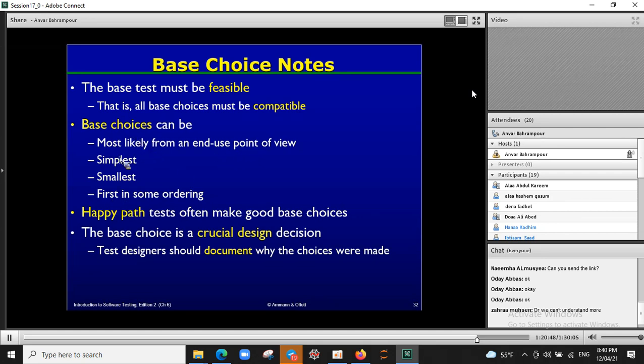So base choices could be selected by consulting with our end users. Another notion is that we use the simplest combination as base choice, or smallest combinations, smallest values as our base choice.